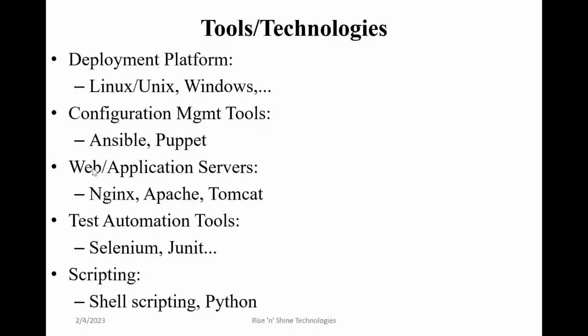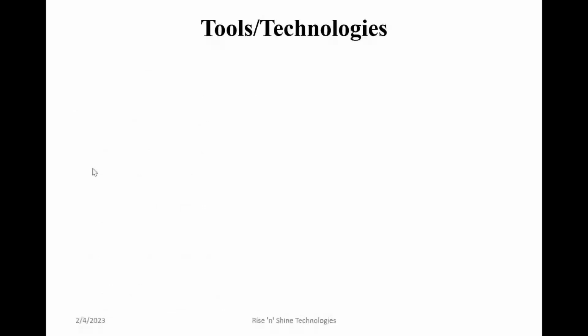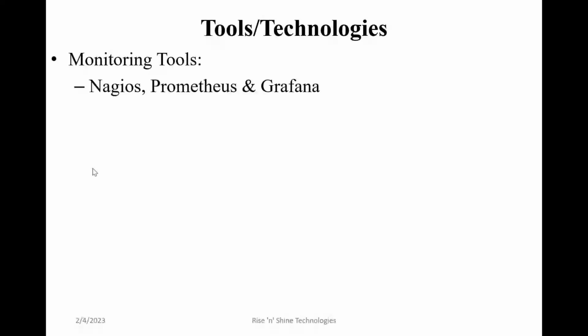Your resume will be filtered with Python. We are going to look into these two scripting tools. And monitoring tools: Nagios, Prometheus and Grafana, which is the latest tool in the current market for continuous monitoring.